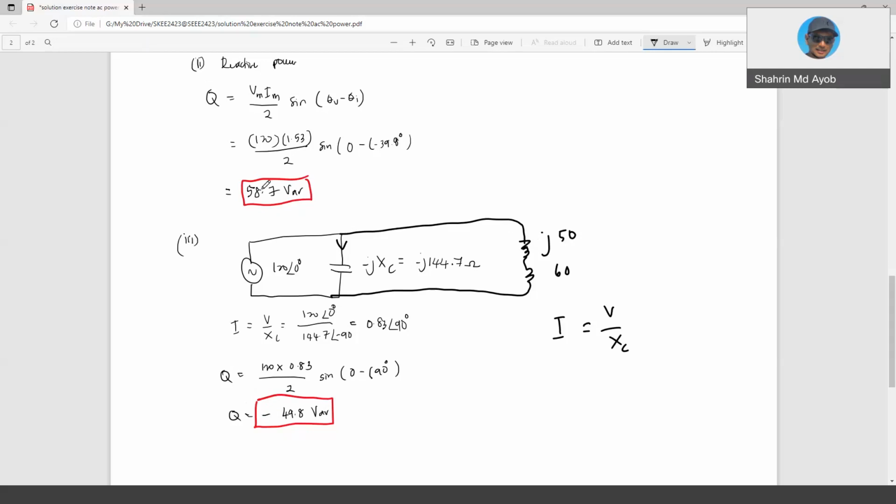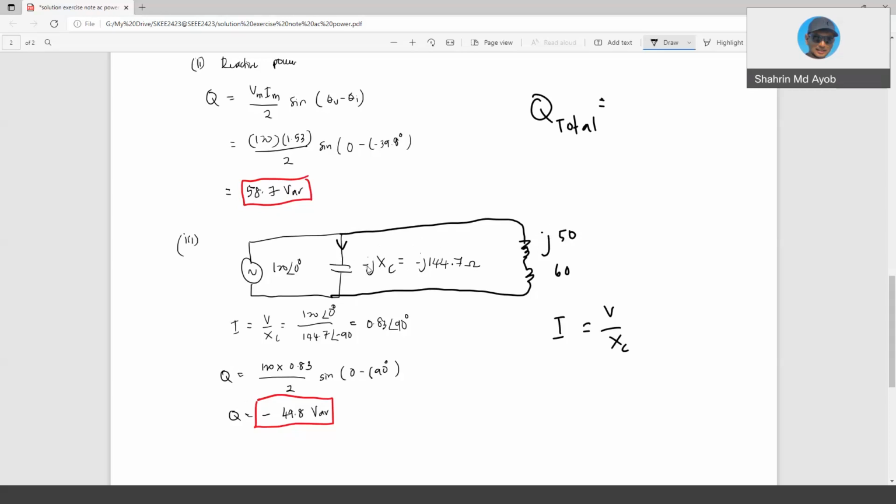Maybe the next question is to calculate the Q total for this circuit. The Q total is the summation of all reactive power inside the circuit. You need to see which elements inside the circuit absorb or supply Q, and in this circuit it is only the inductor and the capacitor.